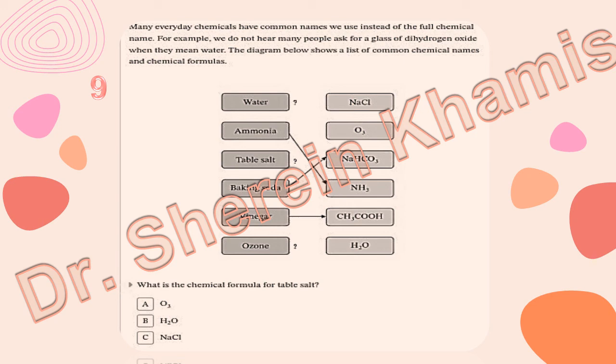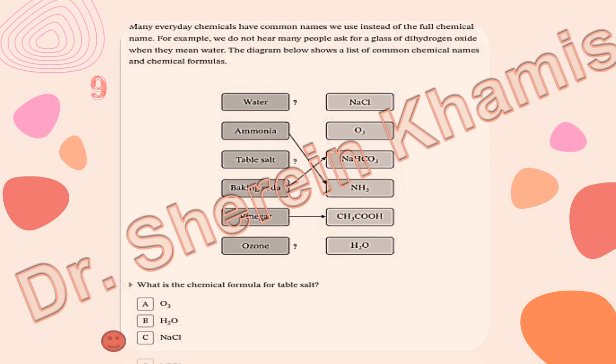Let's discuss what we want to get. We have water, its chemical formula will be H2O. Ammonia, NH3. Table salt, this is the question that we want. What is the chemical formula of table salt? It's an easy question that we discussed many times. Sodium chloride, or NaCl.